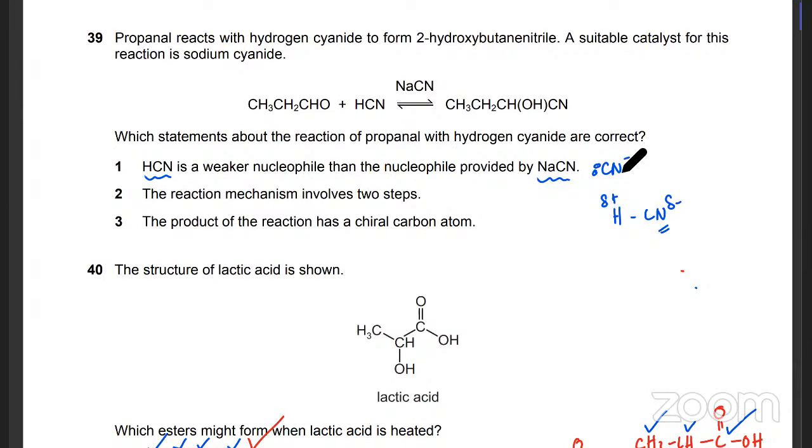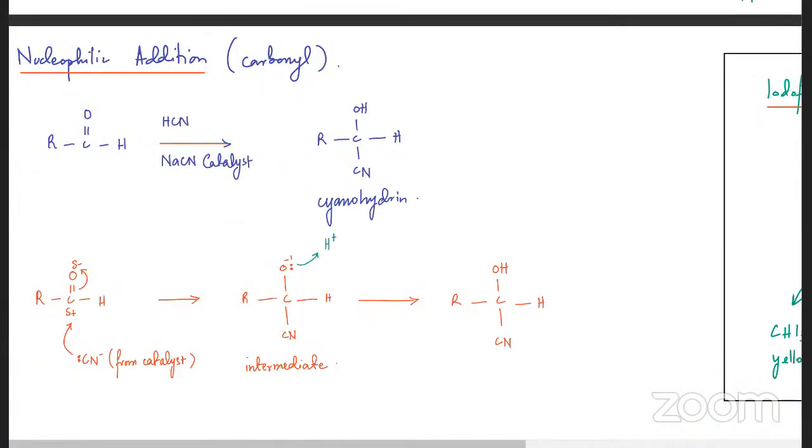It's going to be a stronger nucleophile, which is why it's used as a catalyst. The reaction mechanism involves two steps. That is also correct. And the product of the reaction has a chiral carbon atom. If you draw this one, it is chiral. This is what nucleophilic addition is. It's got two steps. CN- attacks and joins, and then in the next step, the H comes in.